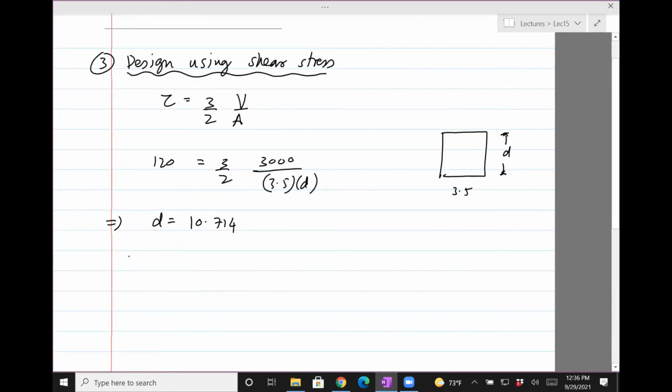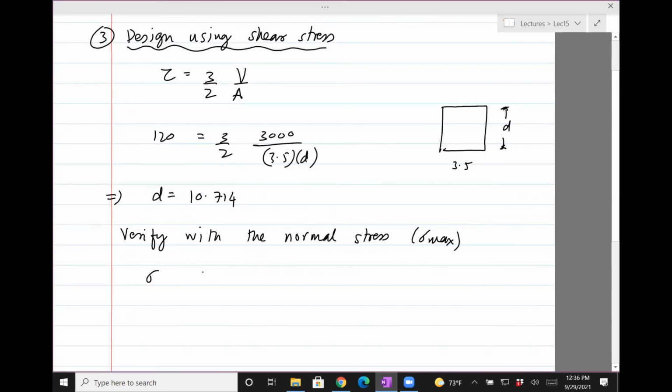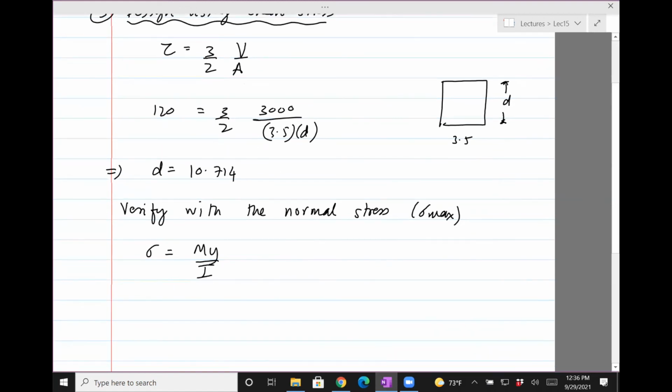So then we can verify with the normal stress. So that's sigma max. We know now that sigma is M y divided by I. Again, sigma would be max when M is max and y is max. Y is max when it's at D divided by 2. So M is max at 7.5 feet-kips.